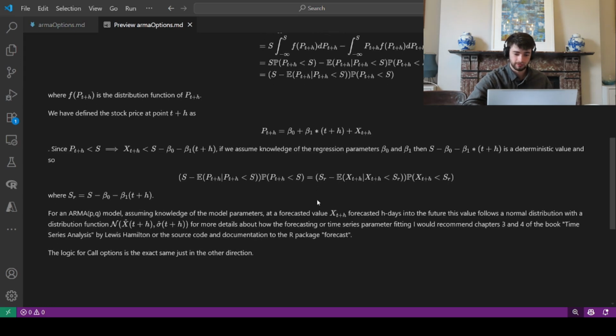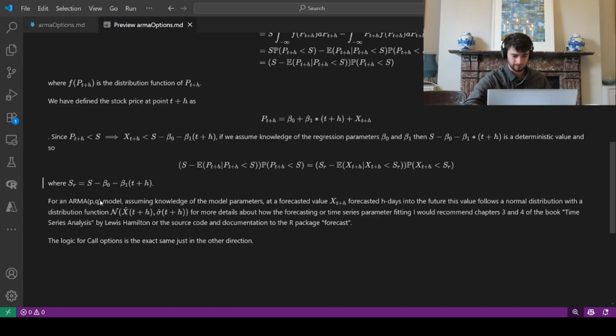So what we can do is simplify this equation by substituting in the value that x t plus h has to be times the probability that x of t plus h is below our strike price or its threshold. Then this makes it much easier to calculate.